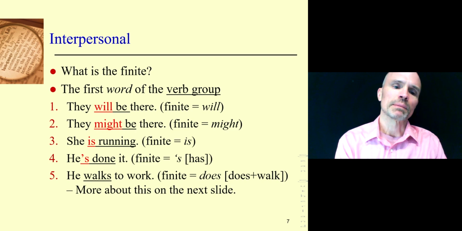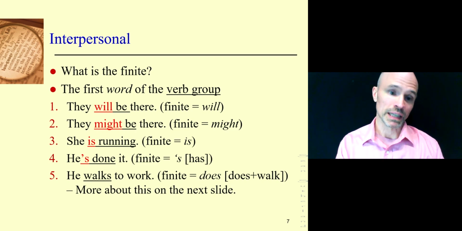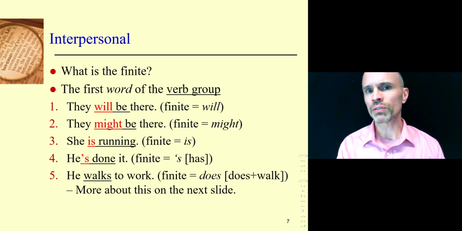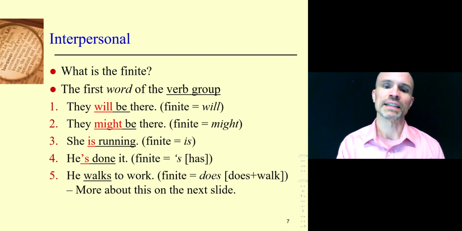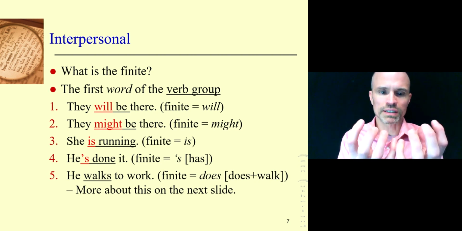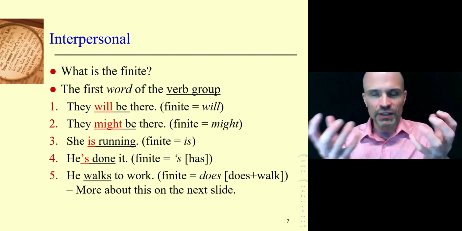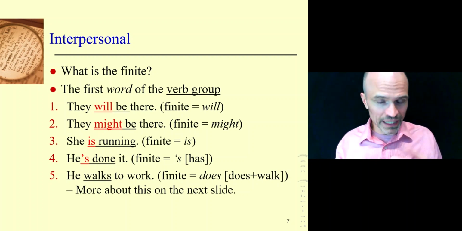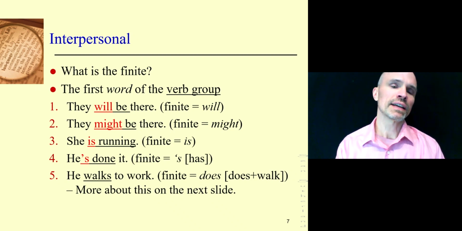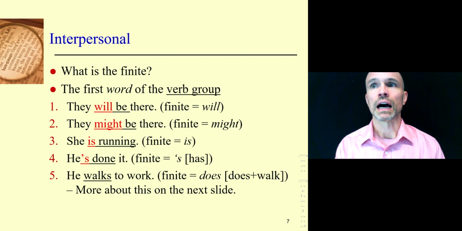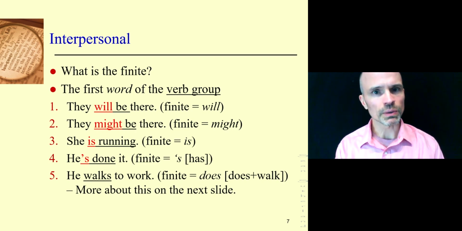Now, sometimes with verbs like here, he walks to work, there is only one word. What you do there to decide what the finite is, you imagine that walks, you unpack it into 2 words, right? You realize that he walks to work, we can say he does walk to work, and it essentially means the same thing. You'd probably only say that if you were being emphatic, right? He does walk to work.